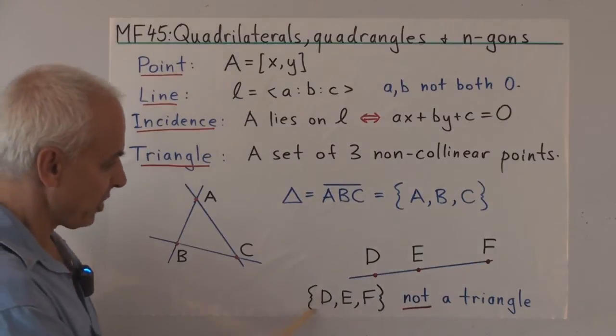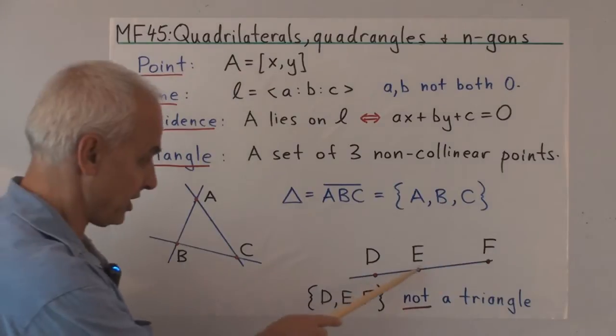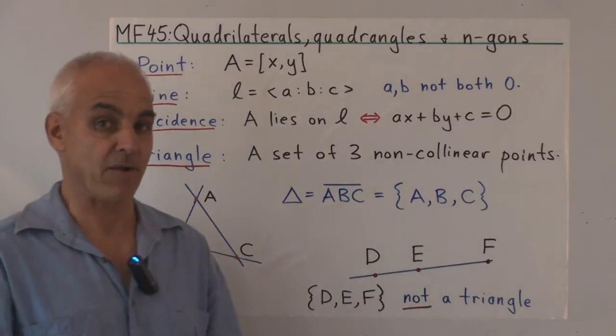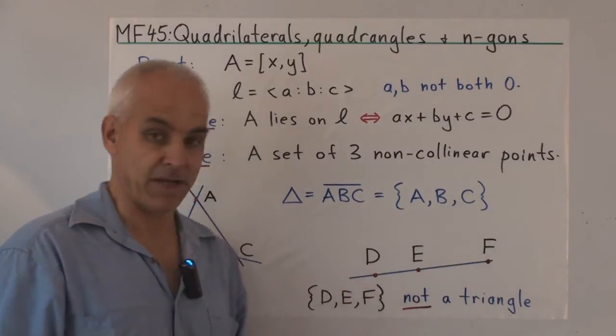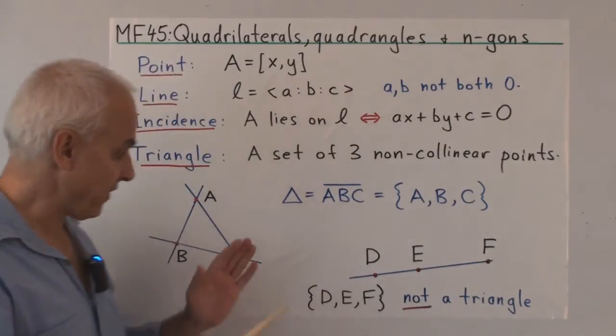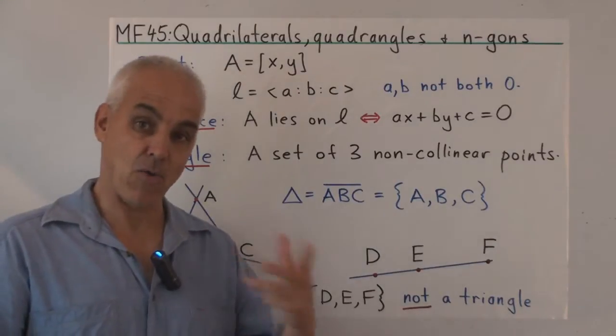And I just make sure that we understand that if you have 3 collinear points, like these points D, E, and F, then this set is not a triangle. It does contain 3 points, it is in a set, but the 3 points are collinear, so technically it's not a triangle.